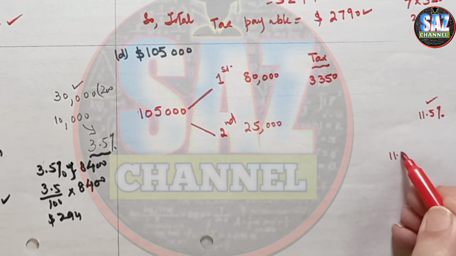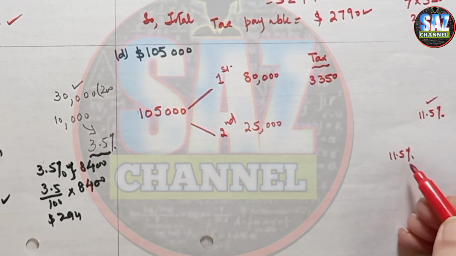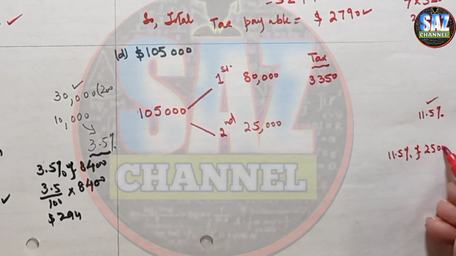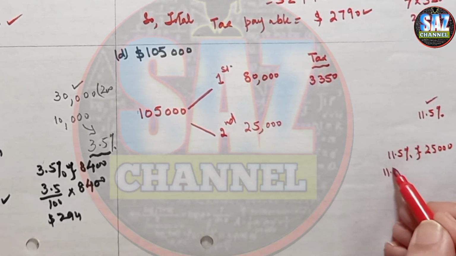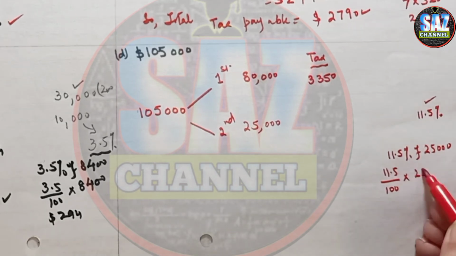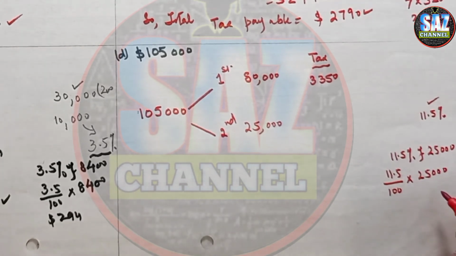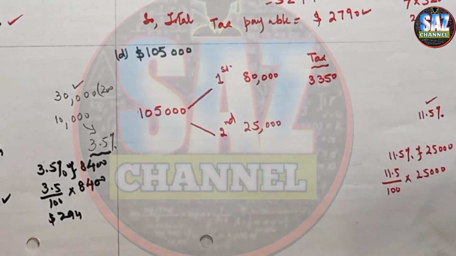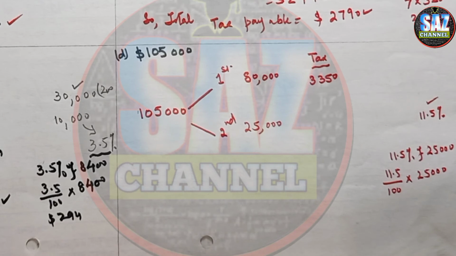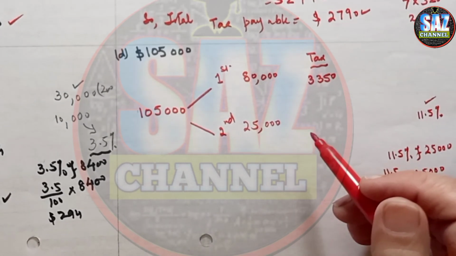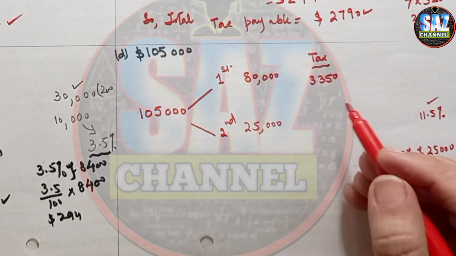So I have to calculate 11.5% of 25,000. So 11.5 over 100 multiplied by 25,000, and this will become 25,000 multiplied by 11.5 and divided by 100, and it will give me 2,875.